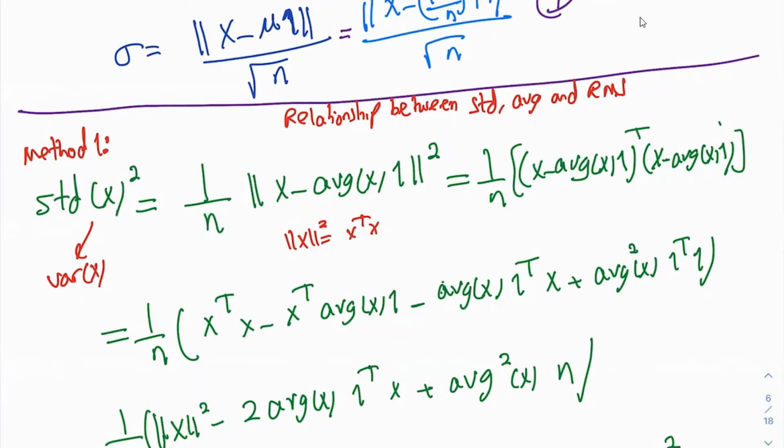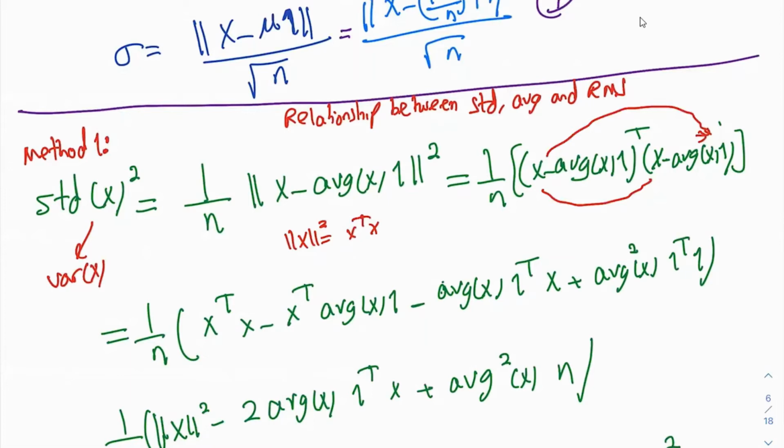Good. Let's expand this. Let's just manipulate this expression. We get x transpose times x from here. We get x transpose times average of x times 1. Okay. Then we have average of x times 1 transpose, which is a row vector.